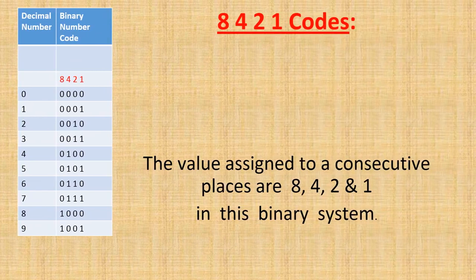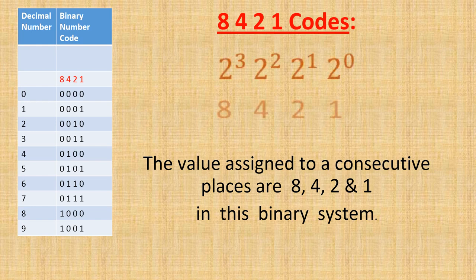In binary system, the weight of the digit depends upon the place it occurs. Counting from right, at the first place the weight is 2 to the power of 0. Moving towards left, the weight is 2 to the power of 1, then 2 to the power of 2 and 2 to the power of 3 and so on.